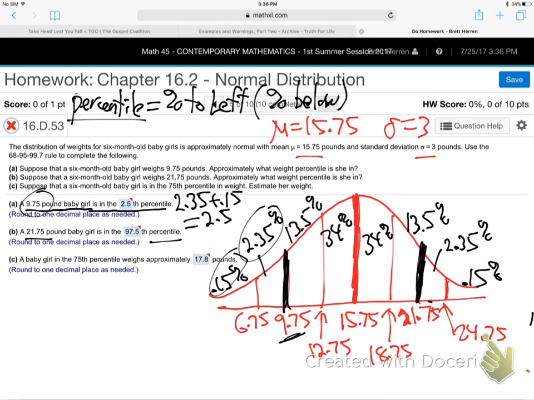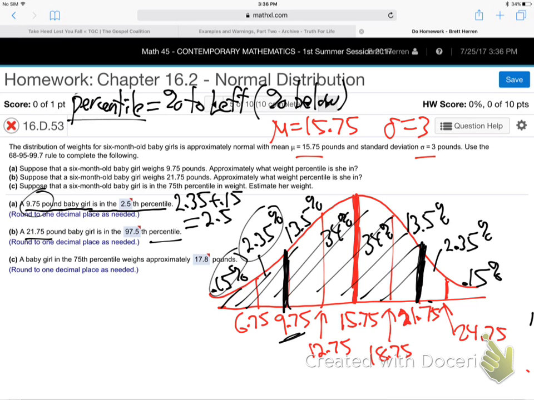So what percent below? That means all of this. Percentile, again, means percent below, percent less. So if you're at 21.75, what's all the percentages below? Well, again, I'm going to do the 50% thing. Half the curve is 50%, and 34 and 13.5. Does that make sense how I'm doing part B there?